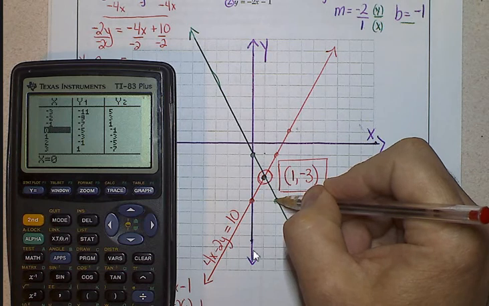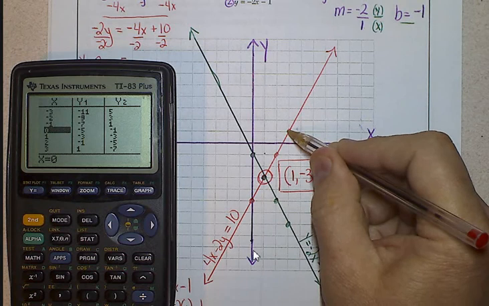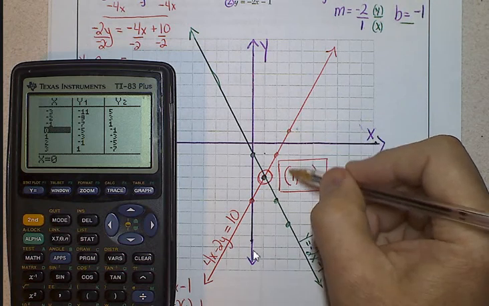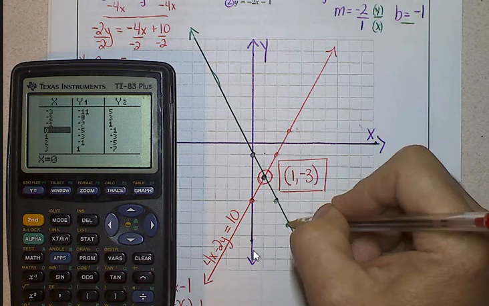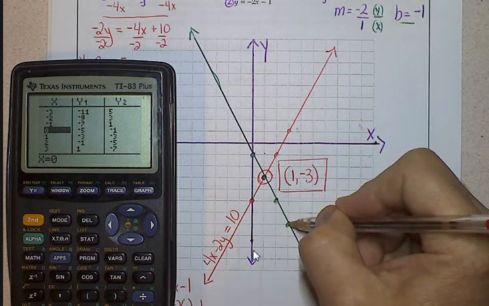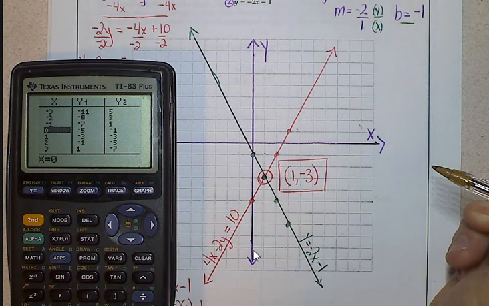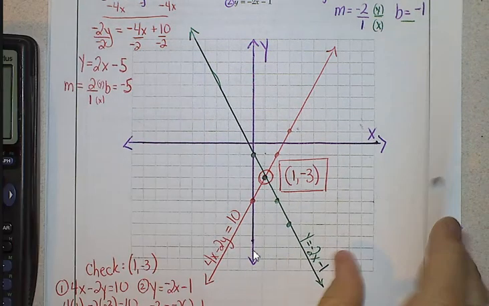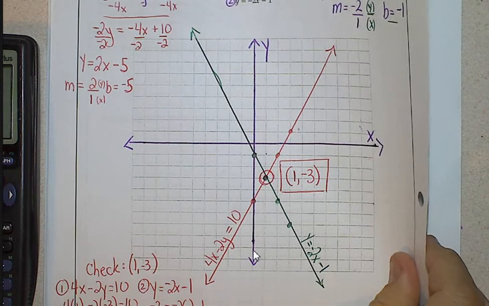If you went to 3, you have the point 3, 1, that's this point here on the red graph, and you have the point 3, negative 7. So you can use the table and actually do it as well. But they're linear equations. You should be doing them the way we did them in class all year, which was just y-intercept form. That's all the work you need to show for that one.